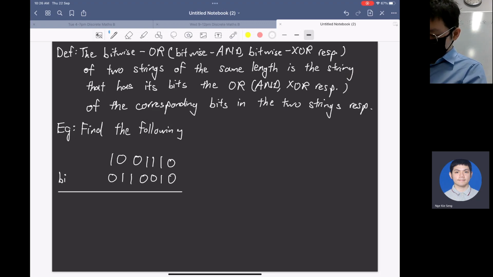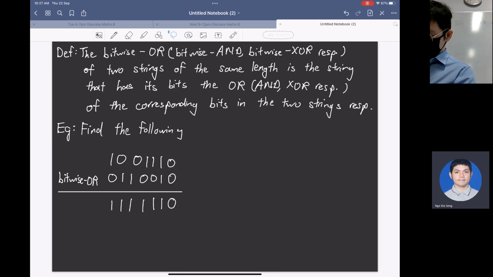Let's try bitwise OR. So 0, 0, what do you get? 0, 1, 1, 1, 1, 0, 1, 0, 0, 1, 0, 1, 1, 0.